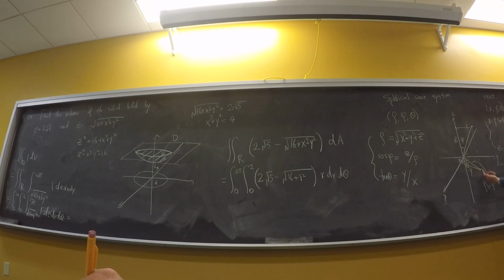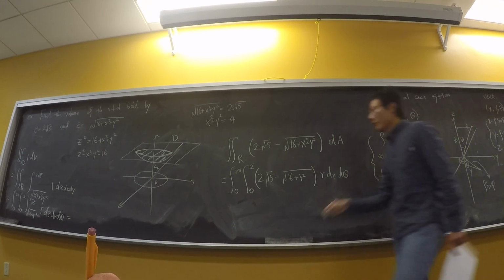This is a right angle here, with this side equal to rho sine phi. So y is going to be rho sine phi sine theta. So these are the relations between the spherical coordinate system and a rectangular coordinate system. Okay? Questions?